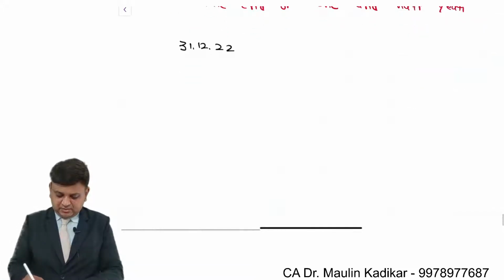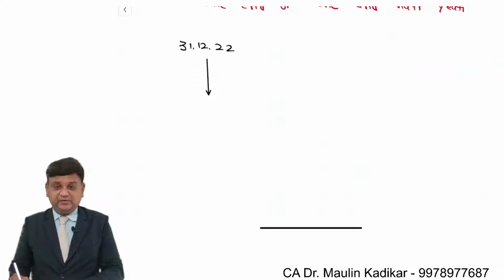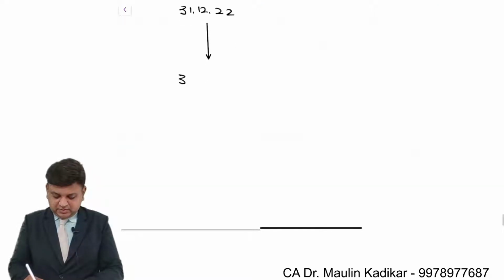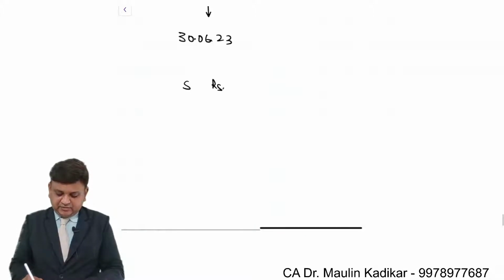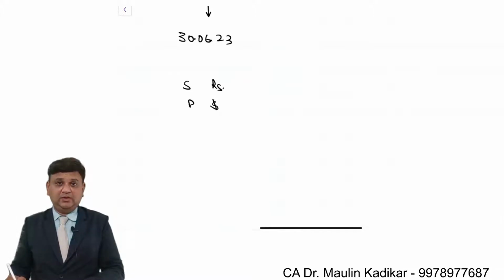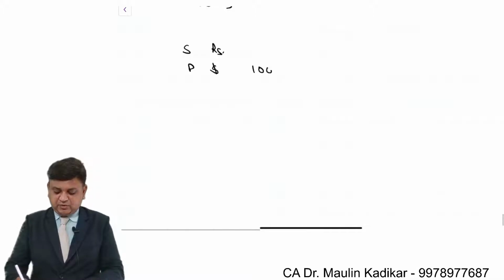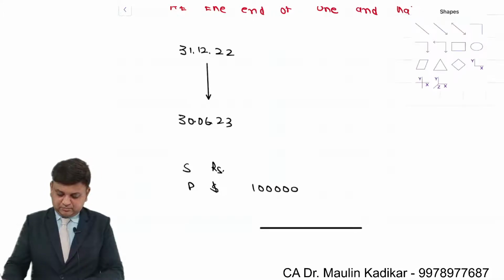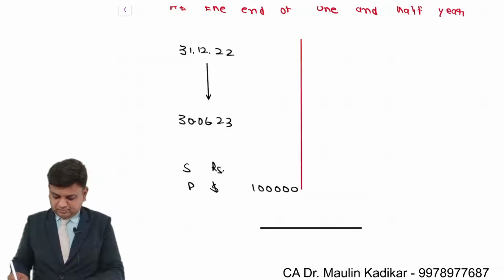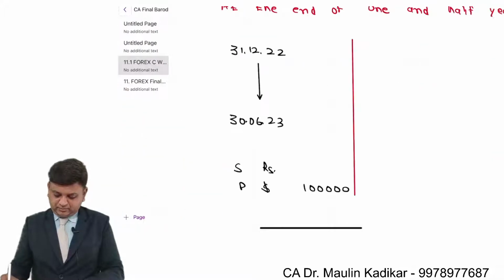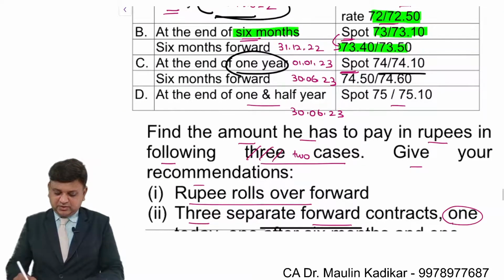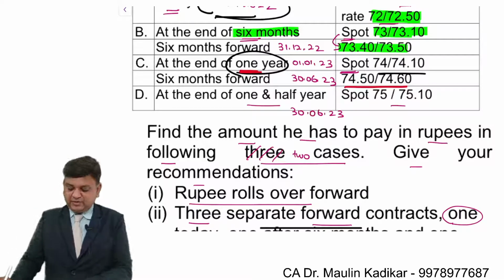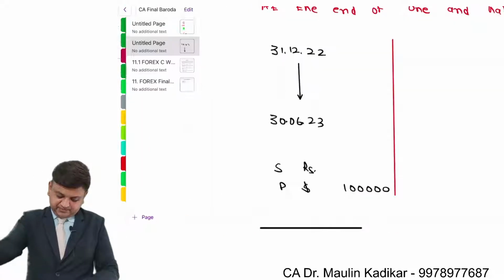On that date, again 6 months forward contract will be entered upon. That is 30th of June 23. It will be sell of rupees and purchase of dollar, and the forward contract will be to buy $1 lakh. So at the end of the 1 year, forward contract is this 74.5, 74.6.